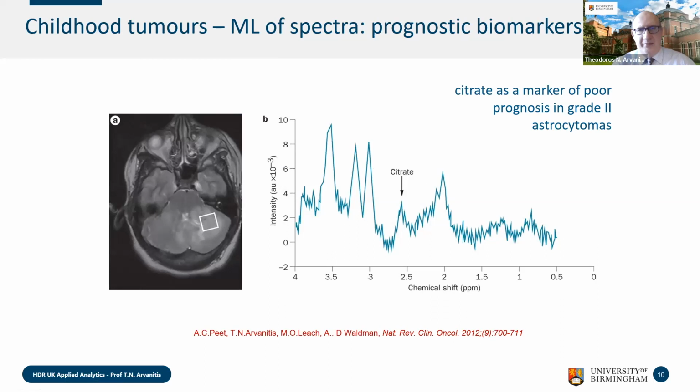And actually, we found, as an example here, the citrate as a metabolite tell us that astrocytomas are having really poor prognosis, and these metabolites tell us that potentially the progression of the disease will be difficult, and appropriate decisions can be made in terms of what needs to be done in terms of therapeutic options for these particular children. So already you see that the quantitation approach allows us to tell something about diagnosis and something about prognosis of these tumors.